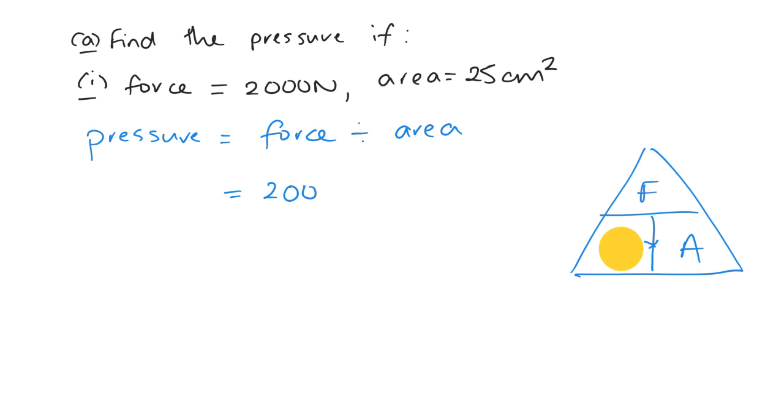So that's force 2,000 divided by our area, 25. And that gives us 80. And then our units, force is in newtons, area is in centimeters squared. So our units are newtons per centimeter squared.